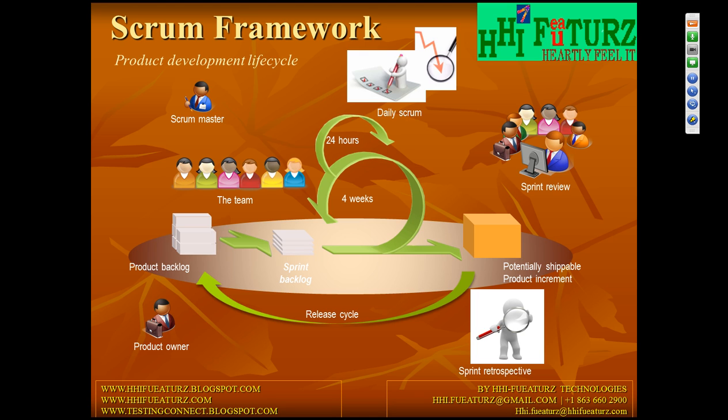On which basis they take 5 backlog items, that is what I will explain later. As of now let us assume they are taking 5 backlog items. Those 5 backlog items, that means 5 user stories, need to be finished in 4 weeks of time. These 5 user stories need to be done in these 4 weeks.